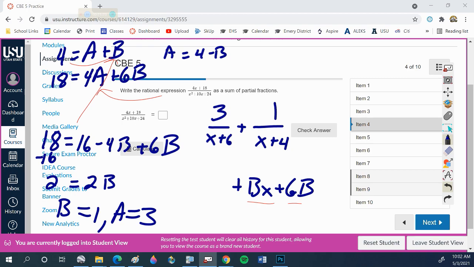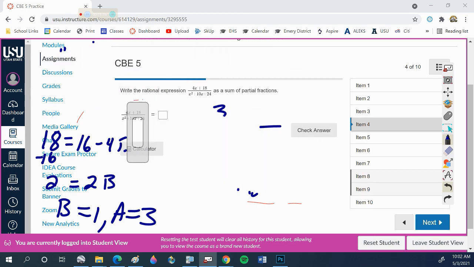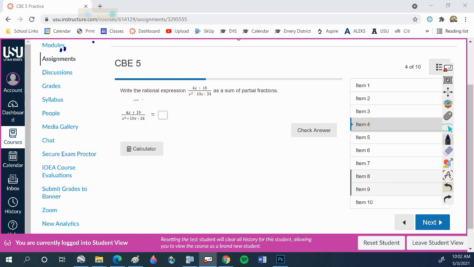All right, now, what if I had this same problem, but there was an x to the third on top? Do you remember what we did? We have to do polynomial division.